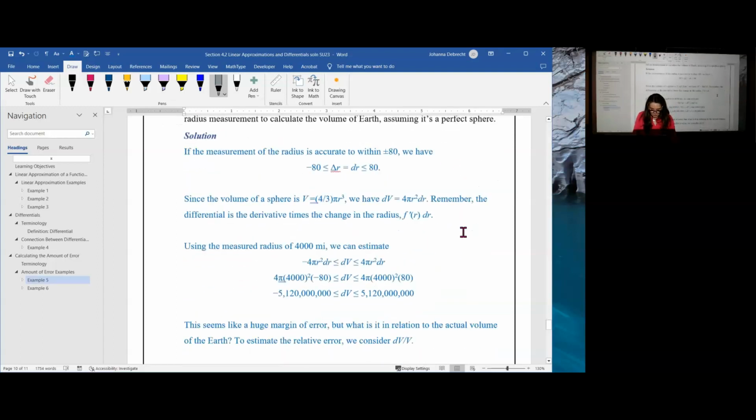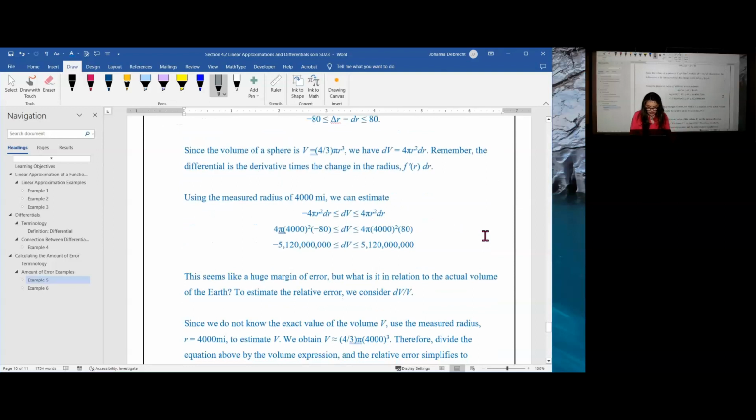Now that we have this, we can rewrite this formula that we have up here, but with the volume instead. If we use the measured radius of 4,000 miles, we can estimate that the differential dv, the change in the volume, which has to be between negative 4 pi r squared dr and positive 4 pi r squared dr, has to be measured with our approximated value, since we don't have a true value, of 4,000 for the radius, negative 80 dr on the left, and positive 80 dr on the right.